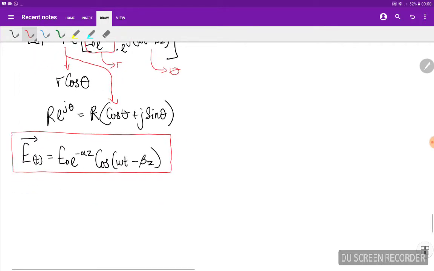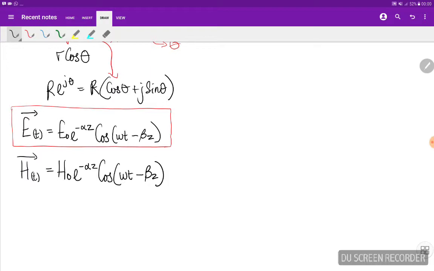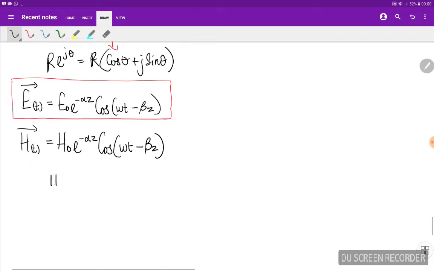for your electric field. Now for your magnetic side, you have something similar. It's going to be H naught this time, e raised to the power minus alpha Z times cos(ωt minus βZ). But your H naught is equal to your E naught over your Z naught.